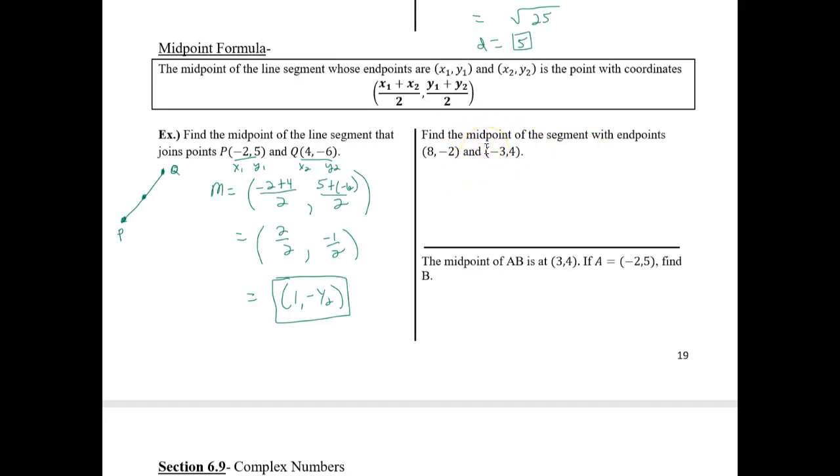First example on the right-hand side says find the midpoint of the segment with endpoints 8, -2 and -3, 4. I'm going to label my points x1, y1, x2, y2. And really I just do that so I can visually see quickly where's my x, where's my y, and make sure I'm adding the right coordinates to the right coordinates.